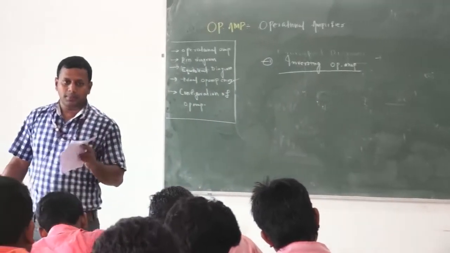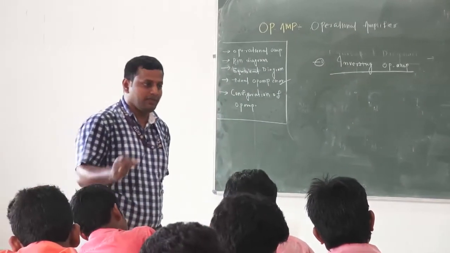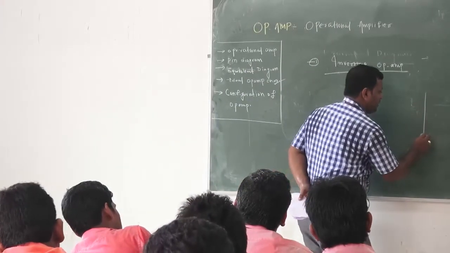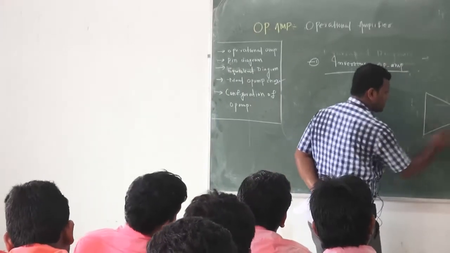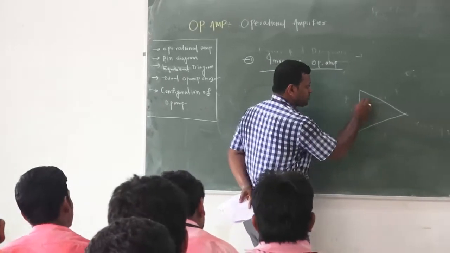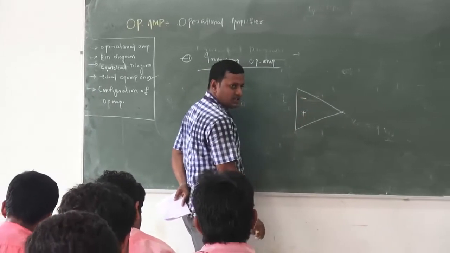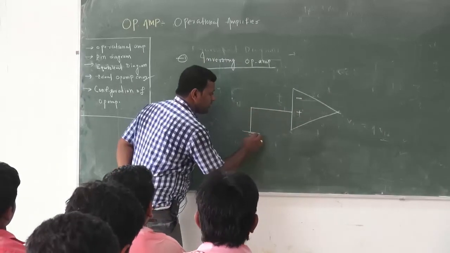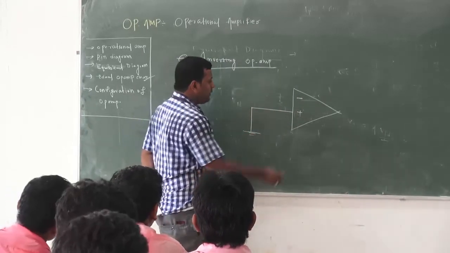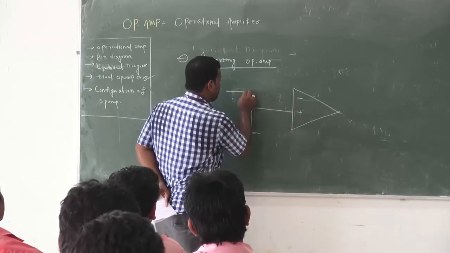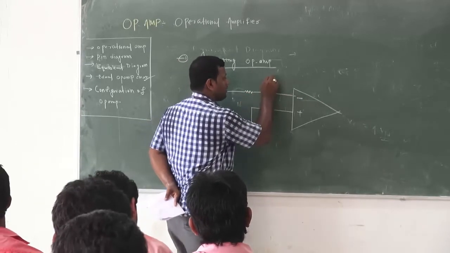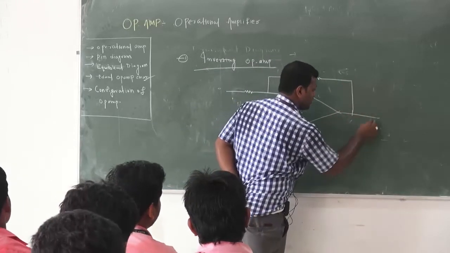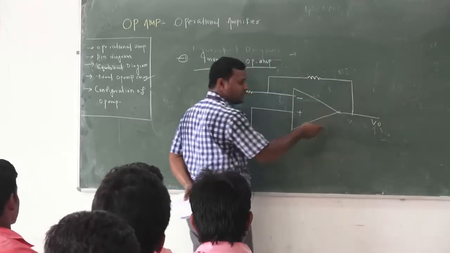I already told you, if it is an inverting op-amp, where should my voltage be applied? The circuit diagram was like this: it is minus and it is plus, right? The plus is grounded, and V0, I say it is a closed loop.